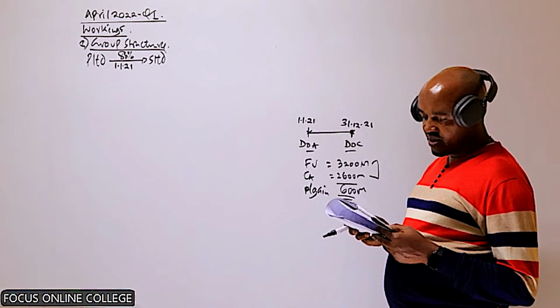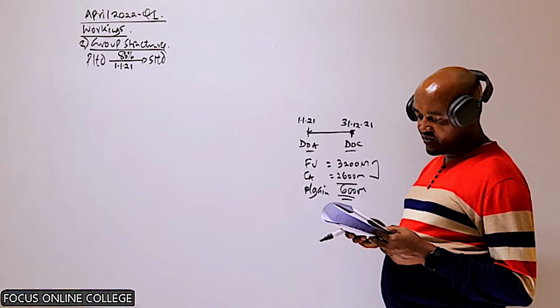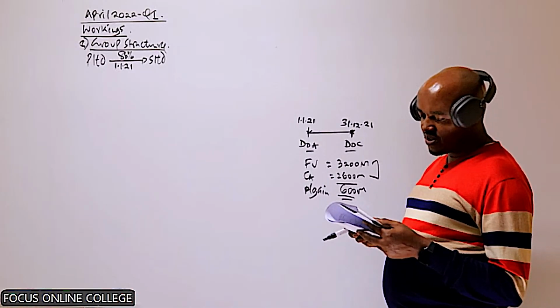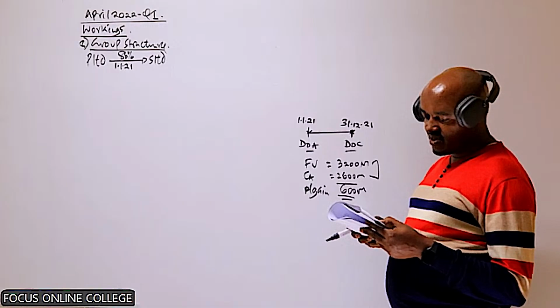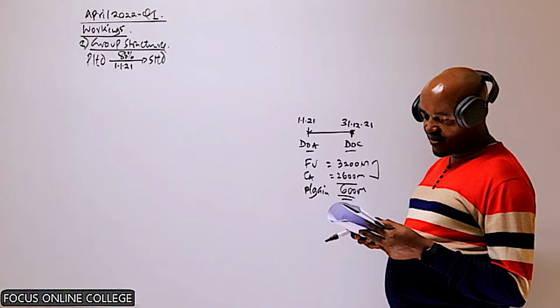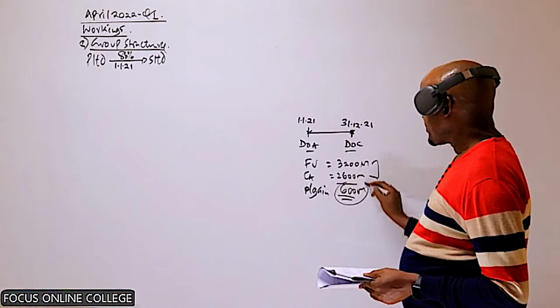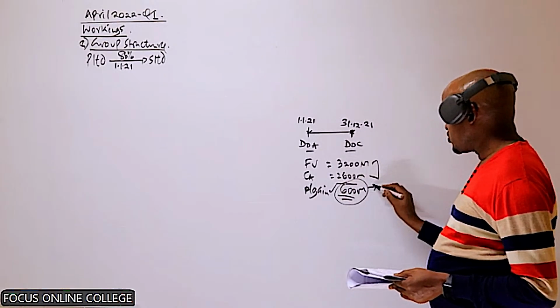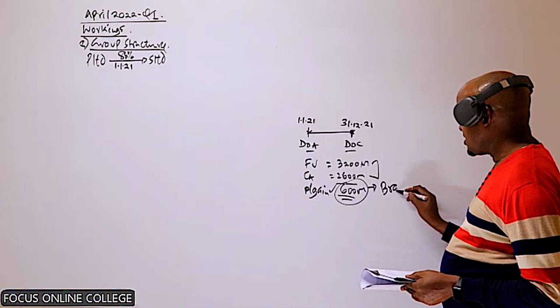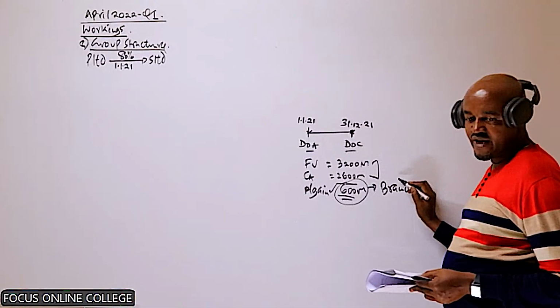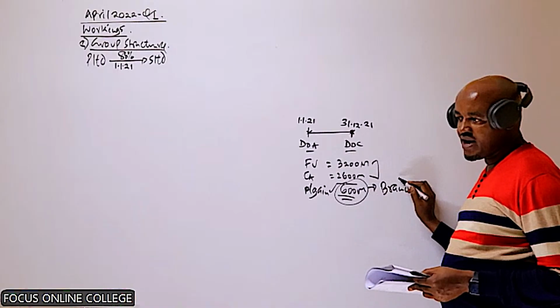Then you're told the excess of the fair value over the carrying amount was due to an unrecognized brand with a remaining useful life of 5 years at the date of acquisition. So we are told this revaluation gain is due to a brand. A brand is a form of a trademark.